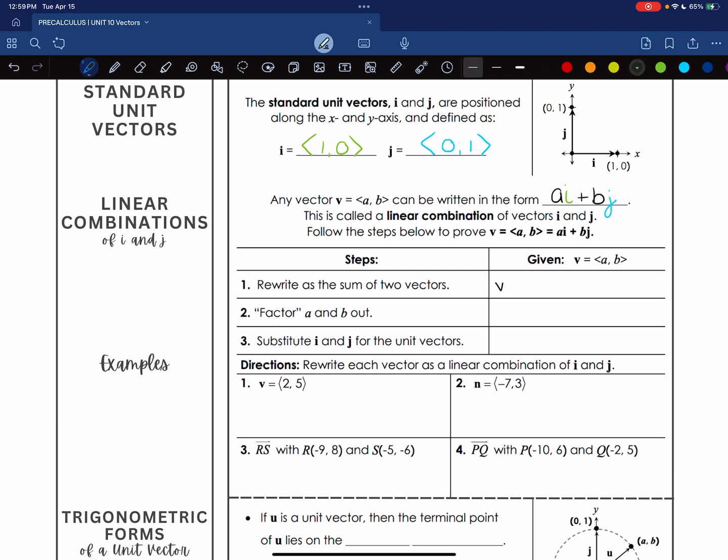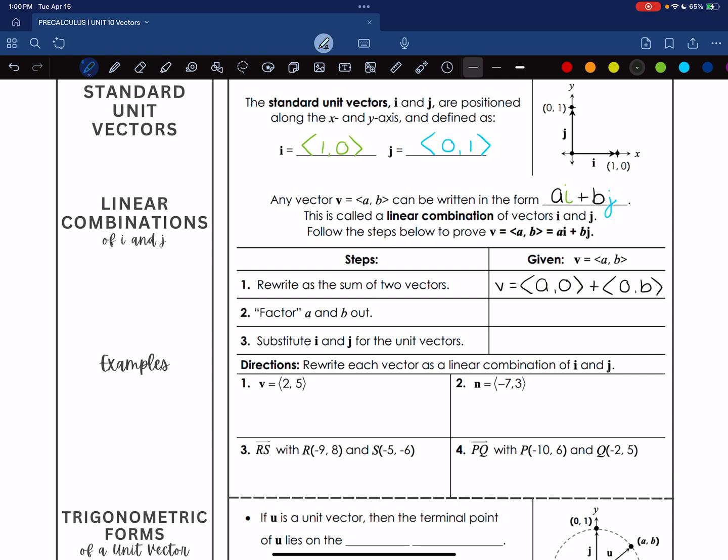So our vector v is equal to the vector with components a and 0, and added to that, the second vector with components 0 and b.